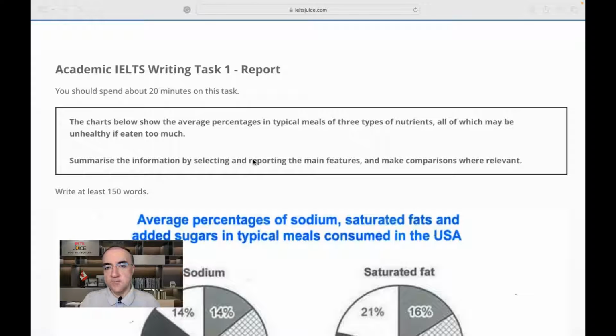That's fixed. So the question always asks us to summarize the information and select key elements. We don't have to report all the bits of information, but there needs to be a logic behind the items that we choose.